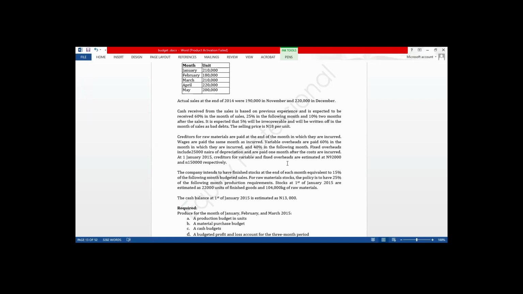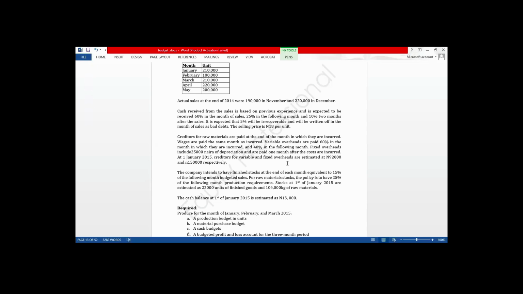For raw material stock, the policy is to have 25% of the following month's production requirements. Stock at 1st January 2015 is estimated at 22,000 units of finished goods and 104,000 kg of raw material.